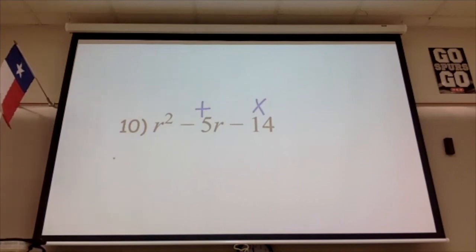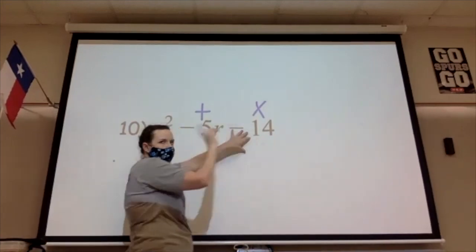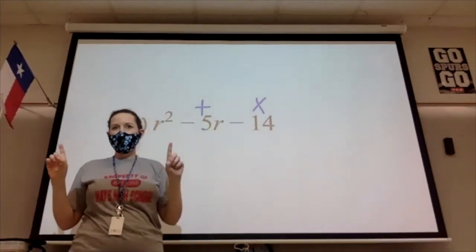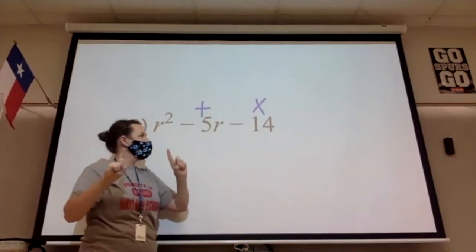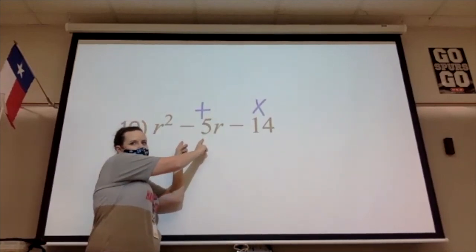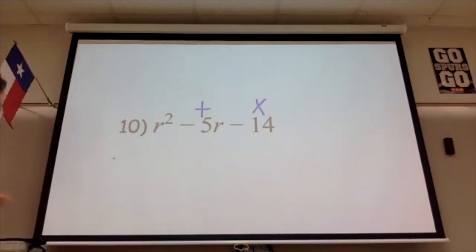So the only way you're going to multiply to be a negative number is if one is positive and one is negative. Agree? Okay? The only way you're going to take one positive and one negative and add them to get a negative is if your bigger number is negative. So keep that in mind as you're trying the factors. Okay, so I heard a negative 7 and a positive 2.